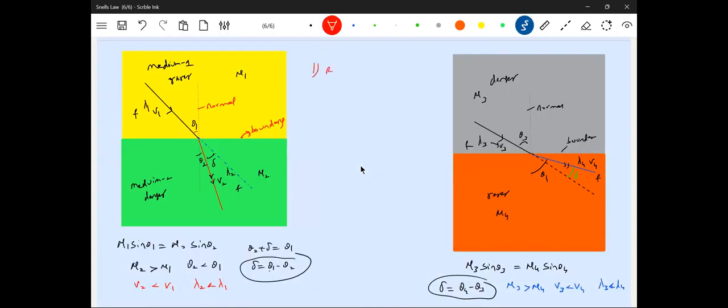The ray of light bends towards the normal.